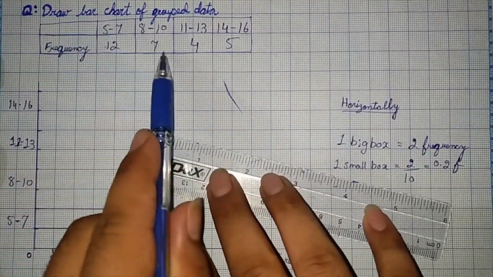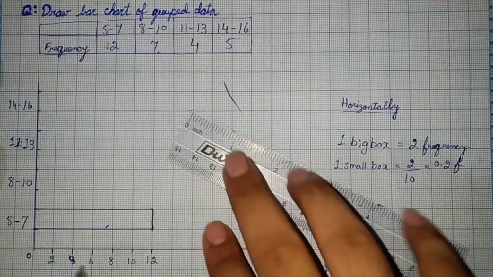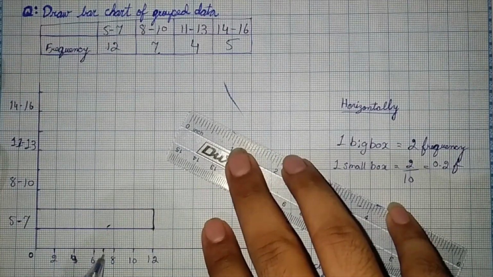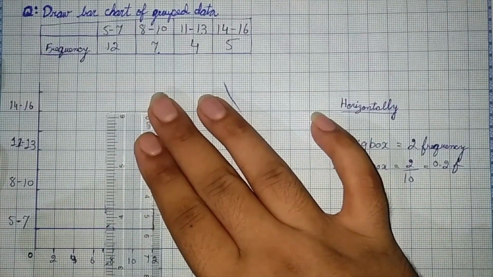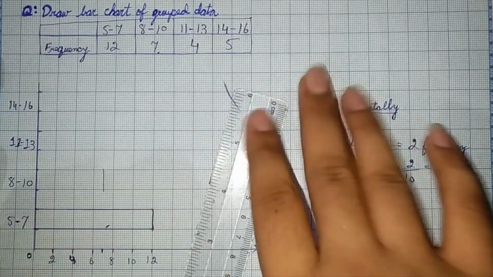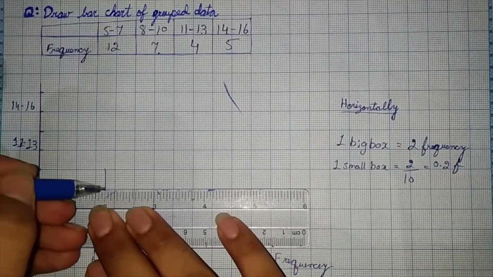Here we have a frequency of 7 for this data. So here we have 6, here we have 8. It means that in the middle of it we have 7. So this is a height of 7, or we can say a frequency of 7.